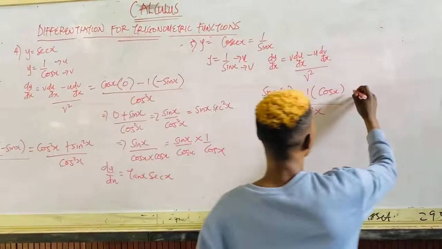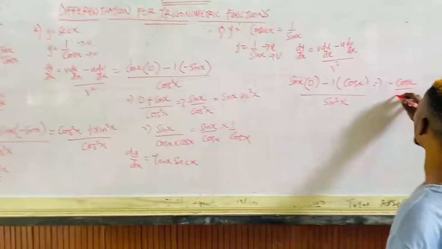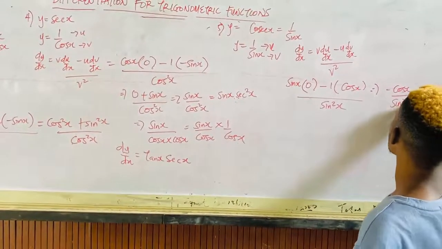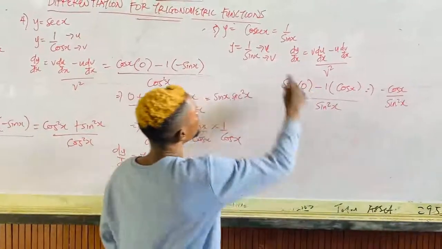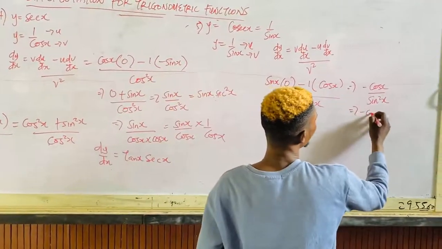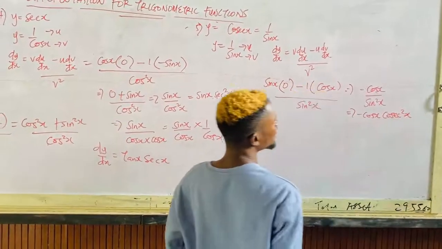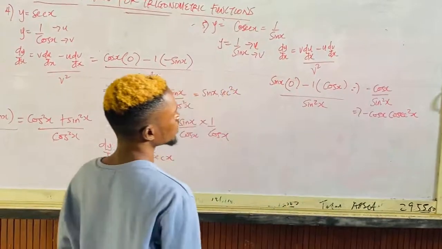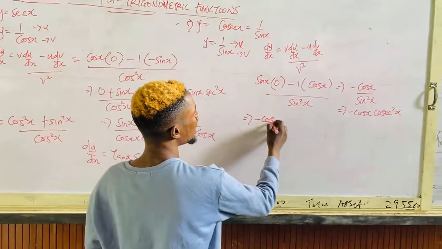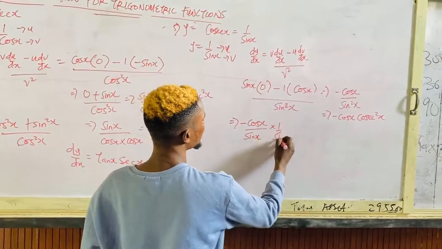So the answer is minus cos x all over sin square x. Now remember 1 over sin square x is cosec square x. So we can write it as minus cos x cosec square x. But instead of writing it like this, we can still write it as minus cos x all over sin x times 1 over sin x.